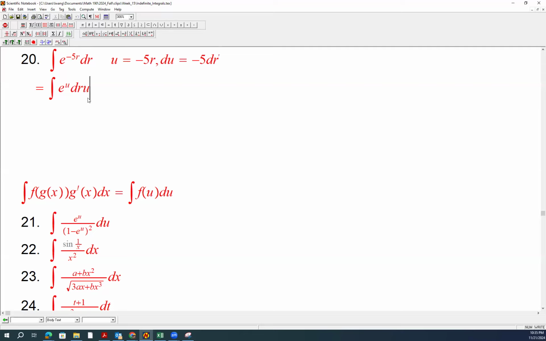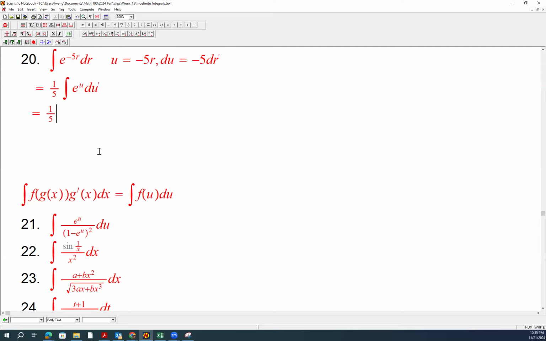So replace dr by du, we have a negative 1/5 as a constant. And then we're almost there. We keep it here. The antiderivative of e to the power u is e to the power u, plus the constant.